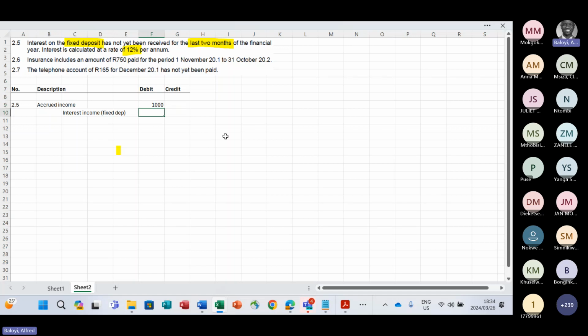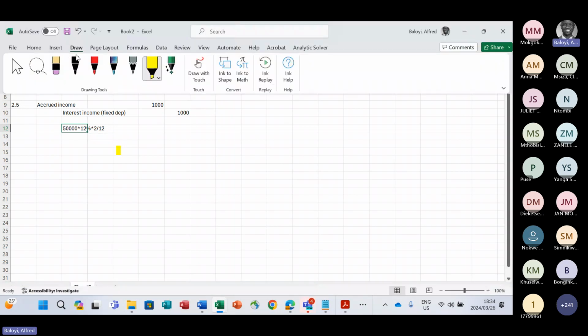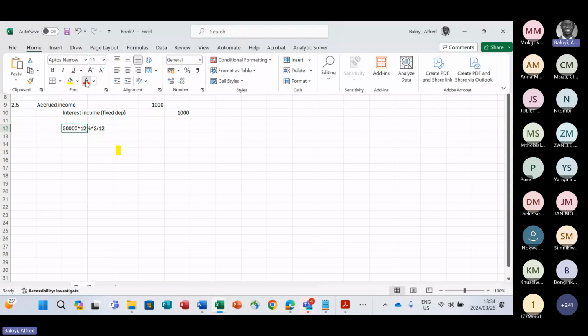Divide by 12. So the 1,000 will be your adjustment for interest. So here's your calculation.